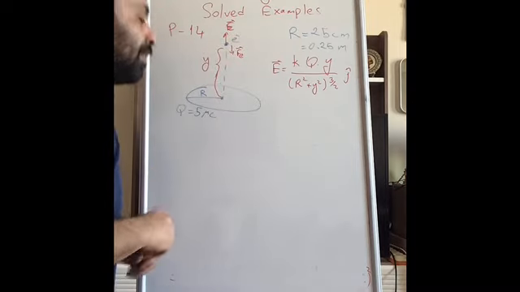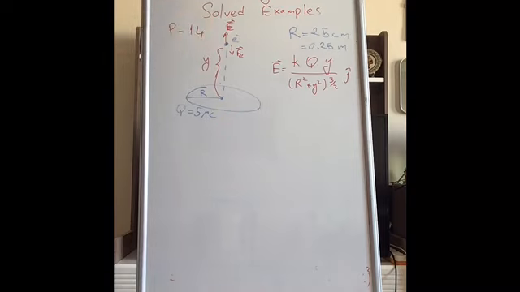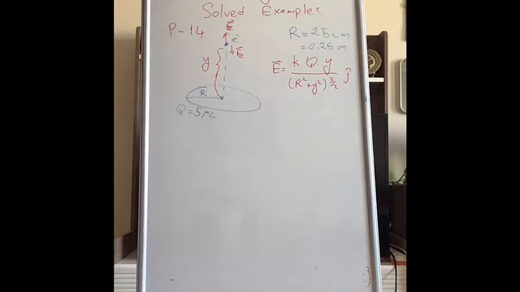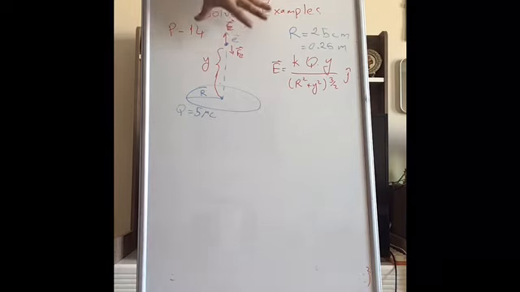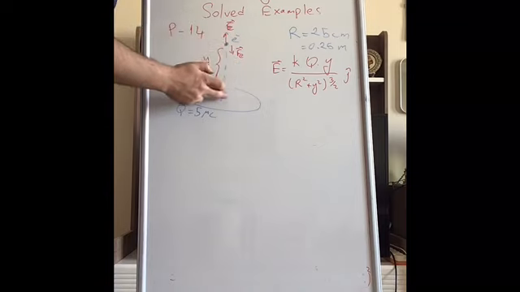So let's just define the motion of this electron around the ring. Now I have the electron here, and I'm going to just drop it. I'm going to release it. Once I release it, it has an initial velocity 0, but since the electric force is attractive, it starts moving toward the ring.